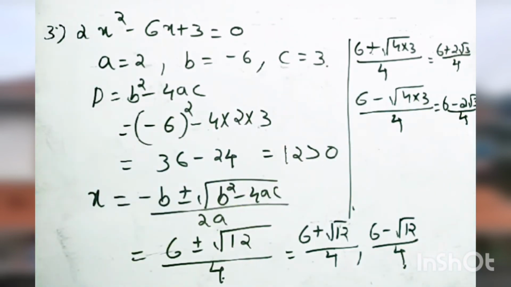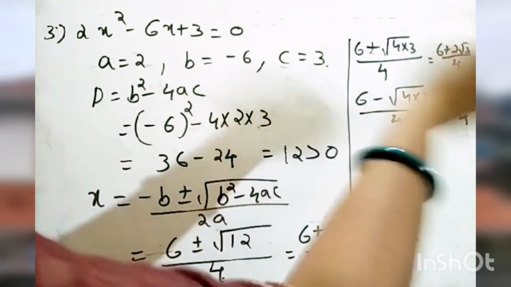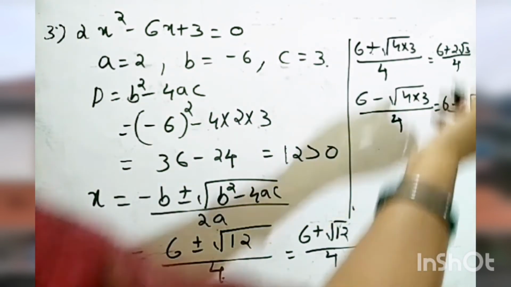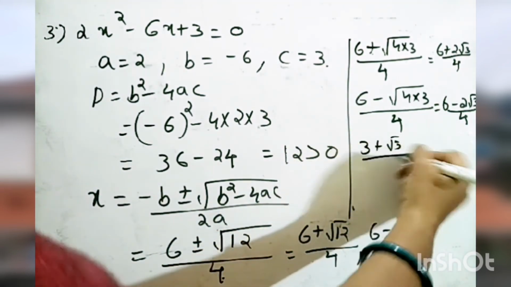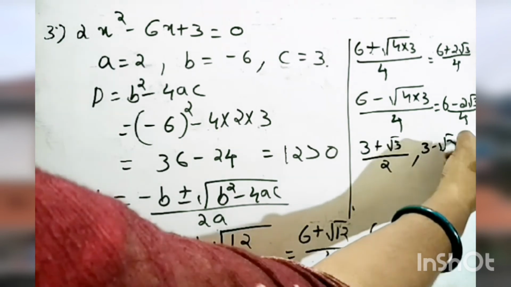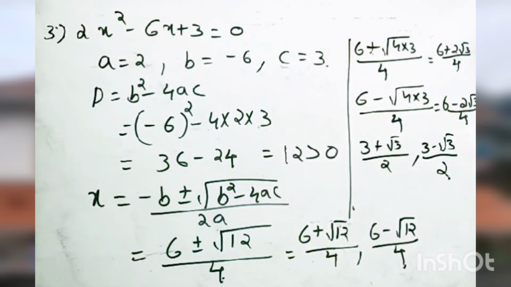Now we can cancel 2 from the numerator and 2 from the denominator, and we will get 3 plus root 3 by 2, comma, 3 minus root 3 by 2. So the roots are 3 plus root 3 by 2 and 3 minus root 3 by 2.